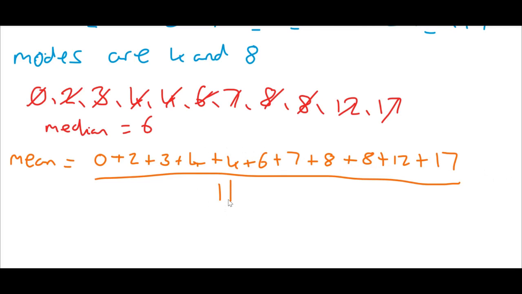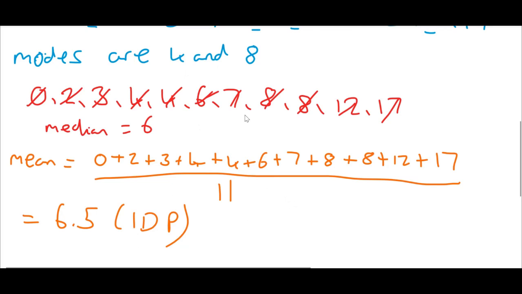So 2 plus 3 plus 4 plus 6 plus 7 plus 8 plus 12 plus 17 over 11. I meant you could add things up in your head, but not do the division. That's equal to 6.5 essentially, to one decimal place. Again, this gives you a similar idea of the center of the data, the average of the data.